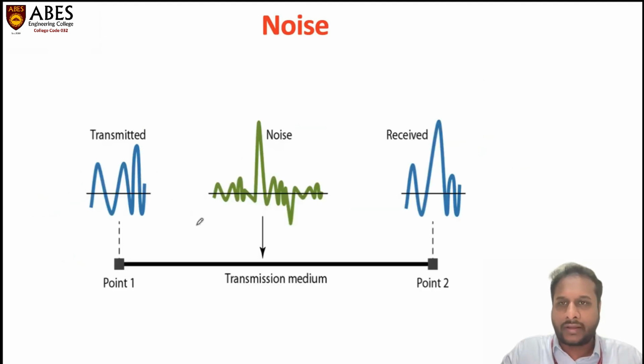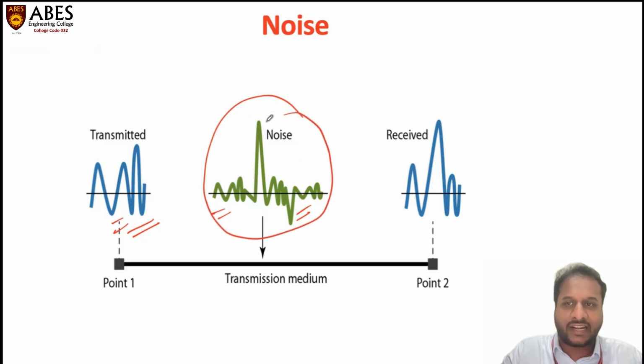So there is one example of this. This is a transmitted signal, but due to noise, there is some more signal than this. So this contains a greater value than the transmitted one.